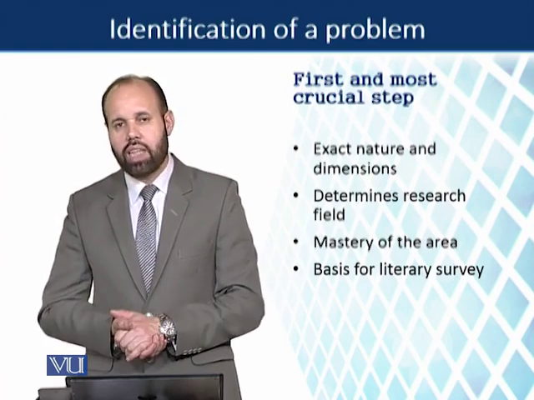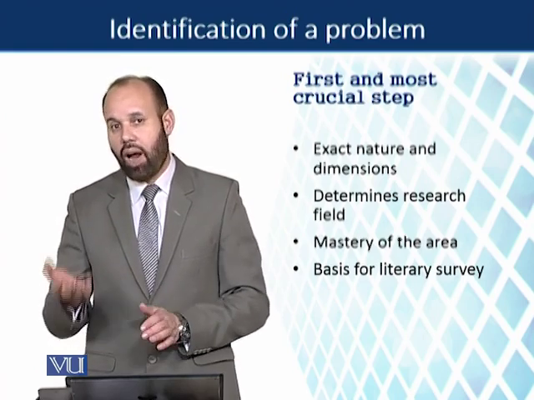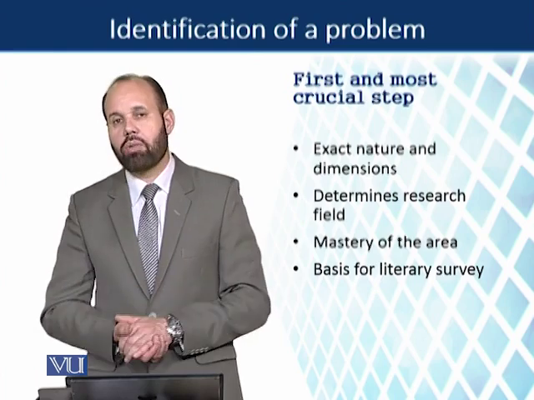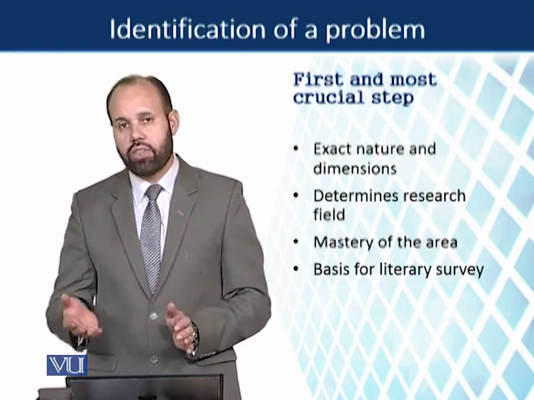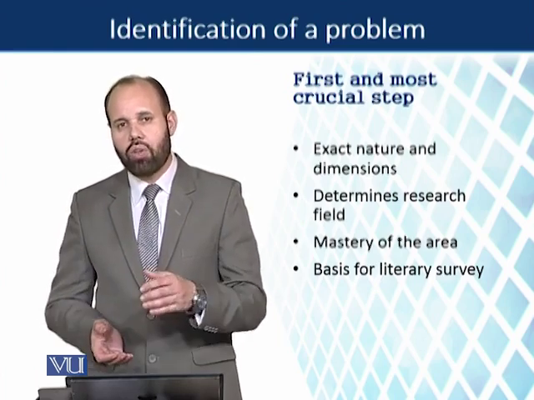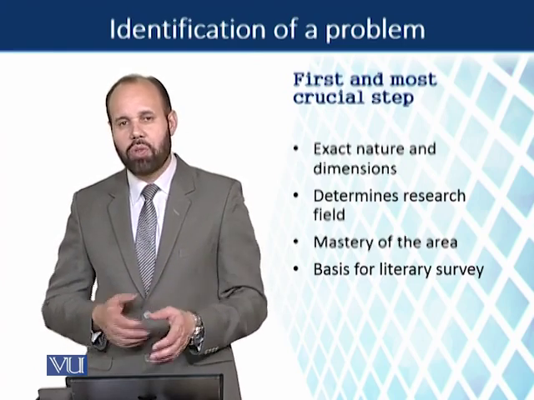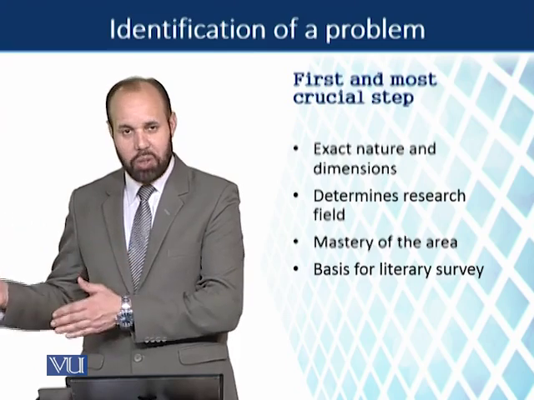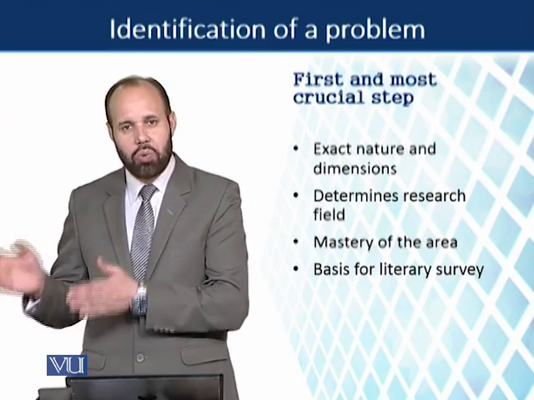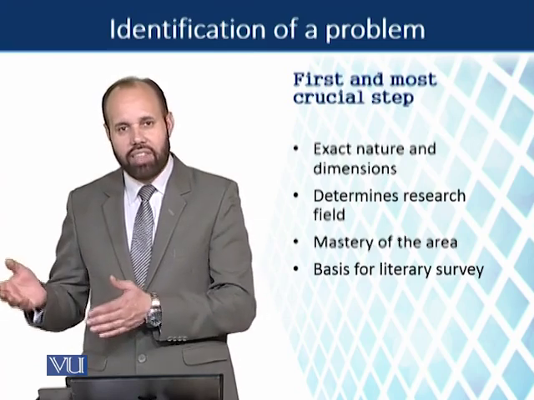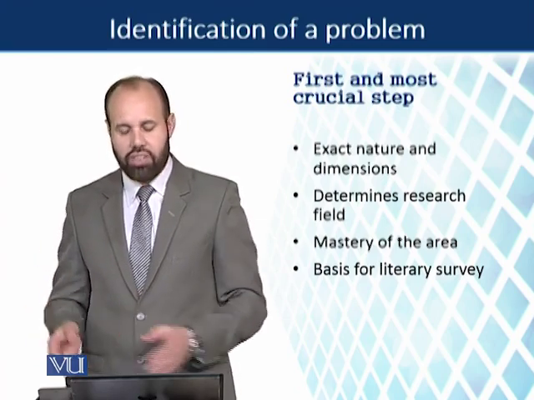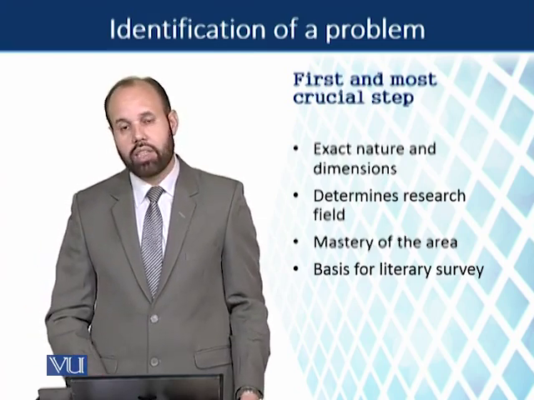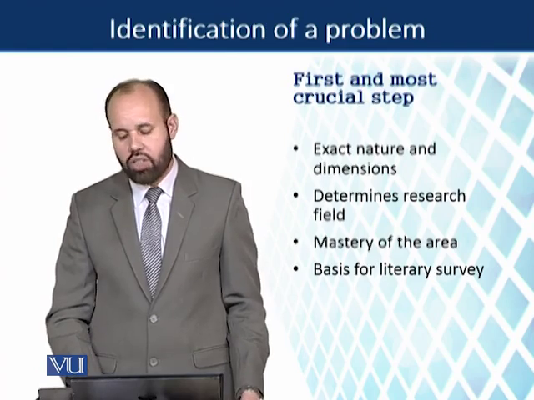That is totally up to the nature of the problem. So the identification of the problem is really important in any research, right? The more we know the nature of the problem, the more specific we would be towards our survey of literature, research tools, the area of research, the field of research and the kind of research, because these are the points which are related to the identification of the problem.